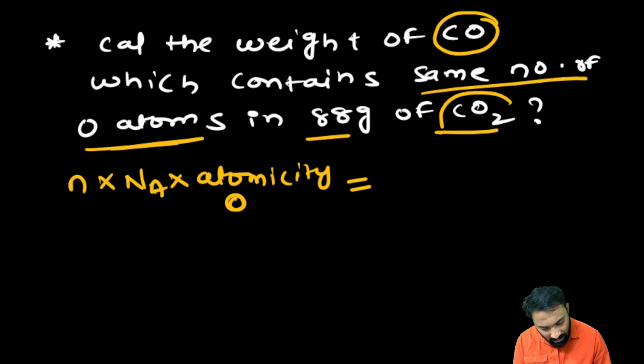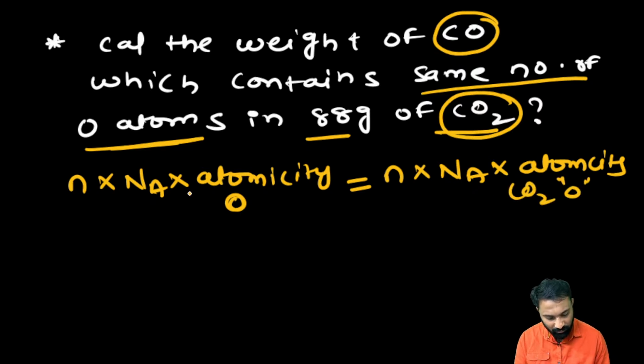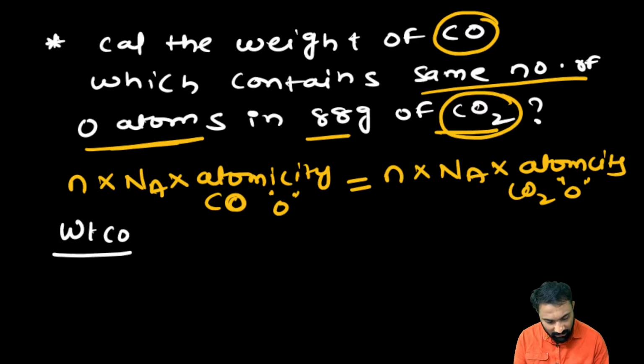So write the number of atoms formula for CO2 also. Number of moles into Na into atomicity of oxygen in CO2. Now, he is asking the weight of CO. Number of moles formula: weight of CO by molecular weight of CO. Here 12 plus 16, that will be 28, into Na.